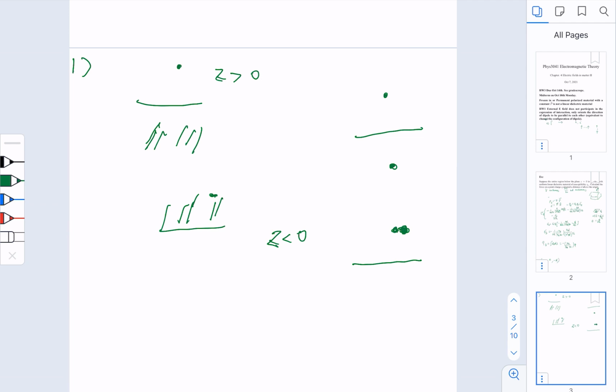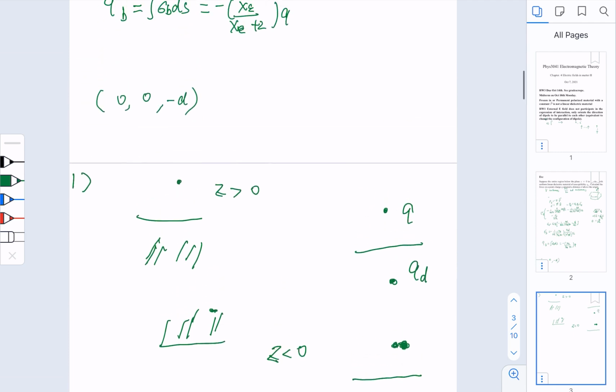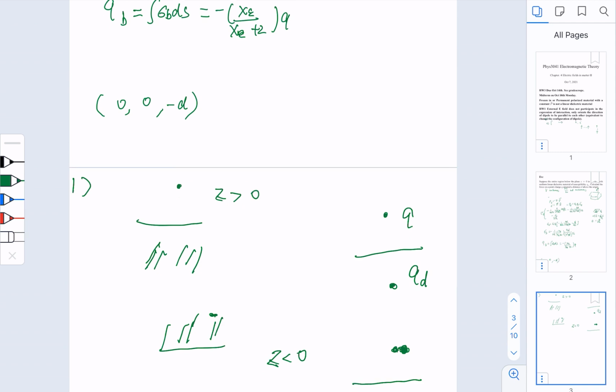So now the first configuration, the charge is Q and the image charge is Qb, sorry. And the second one, I simply place Q and Qb on the same place.